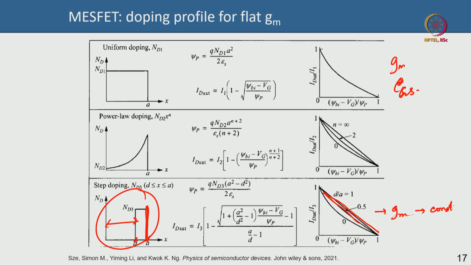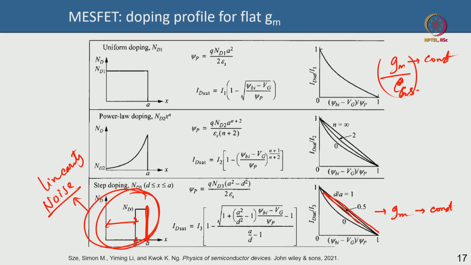People have shown that this kind of doping profile can improve linearity, and it can also improve noise performance. We will come to that later, but when your doping is away from the top and is towards the bottom of the interface, then your linearity and your noise both improve. Linearity improves because you get a GM which is constant. Noise improves because your GM by CGS improves.